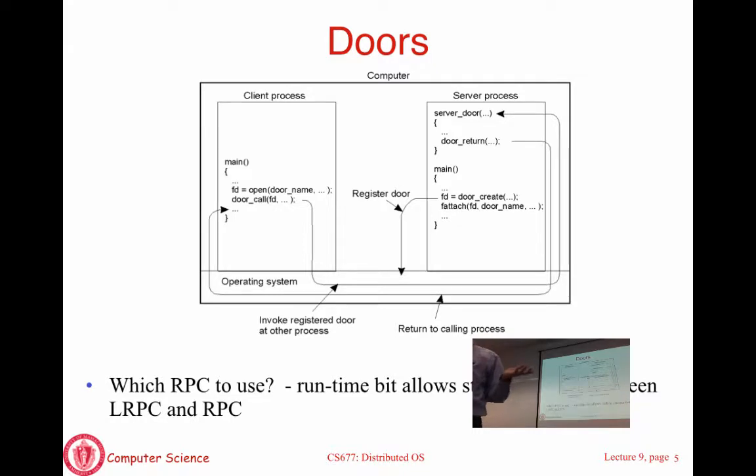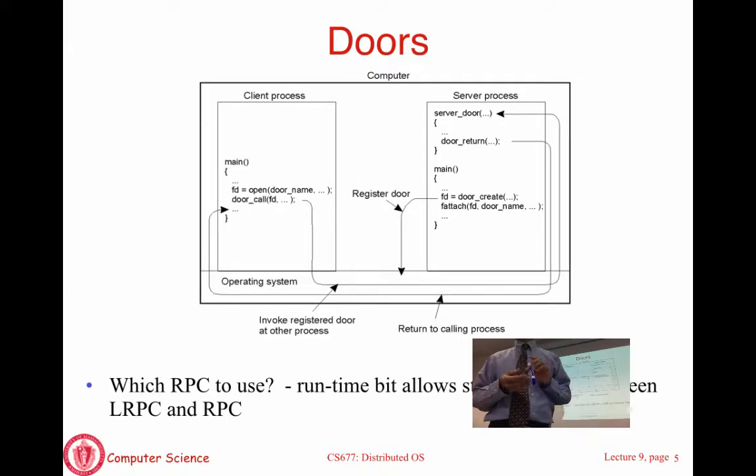Or you will say, go with the default, assume the client and the server run on different machines, use message passing. If you do this, then you don't even need to have this extra code to create doors. You're simply going to write your RPC calls and whatnot. And when you run your code, you are going to tell the system which option to pick. And it will pick one of these two options at runtime. Even more flexible than what is done in Solaris.